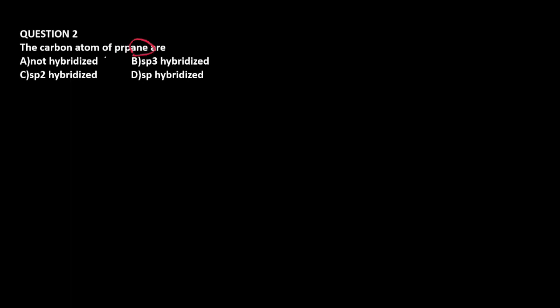Let's look at the functional group. Remember, I told you for ANE is sp3. Have you forgotten? So ENE is sp2. YNE is sp. So now let us pick it.